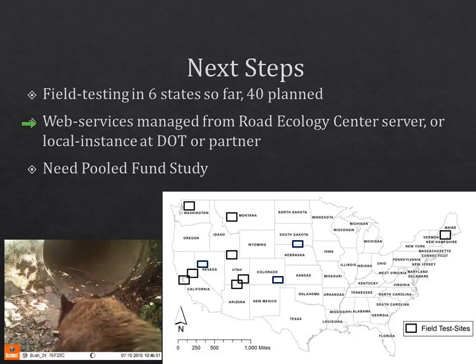And so we can also discuss that, how that would occur. And then finally, we need a pooled fund study to develop among multiple states to partner with state DOTs and making sure this is a system that really meets their needs.